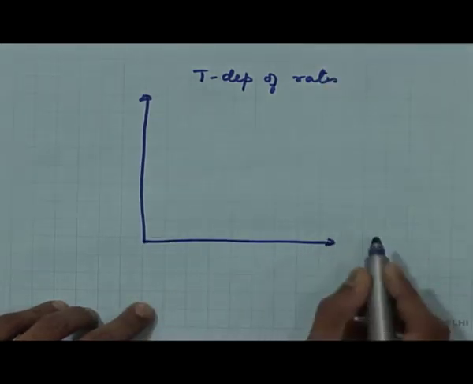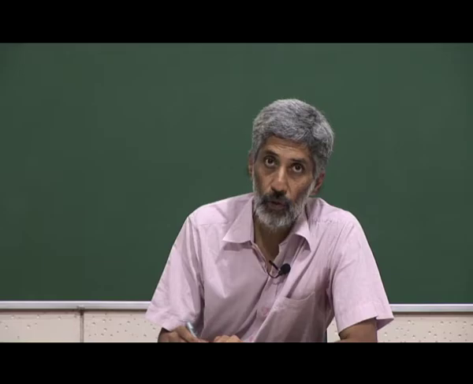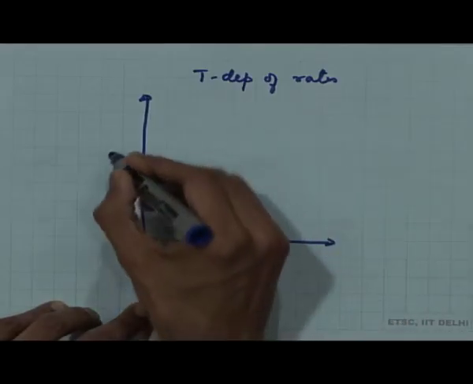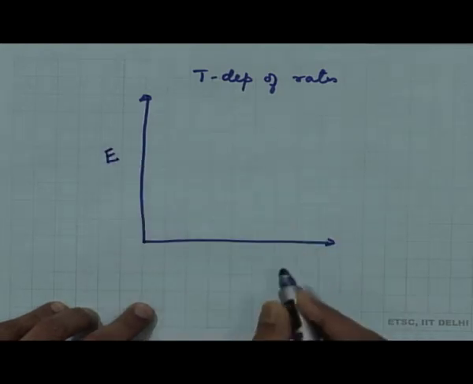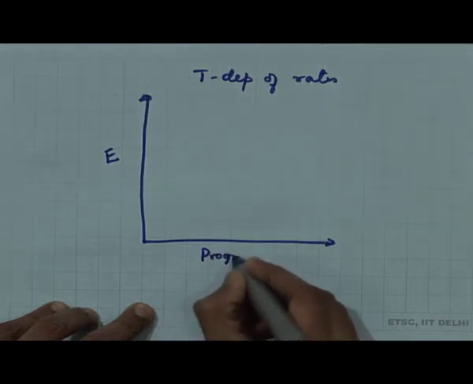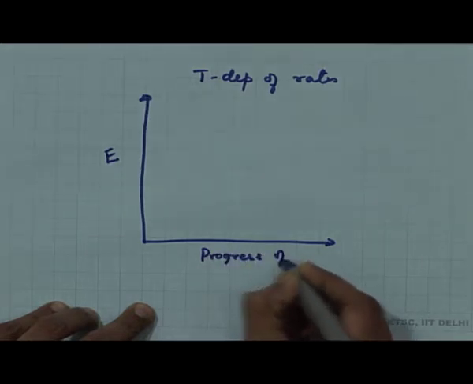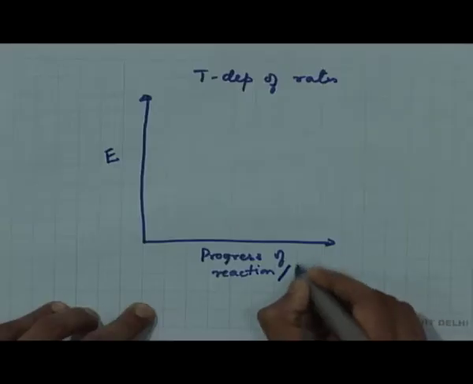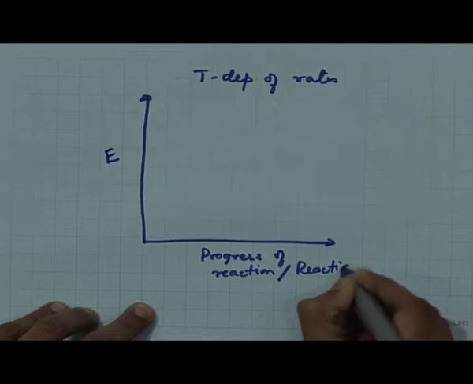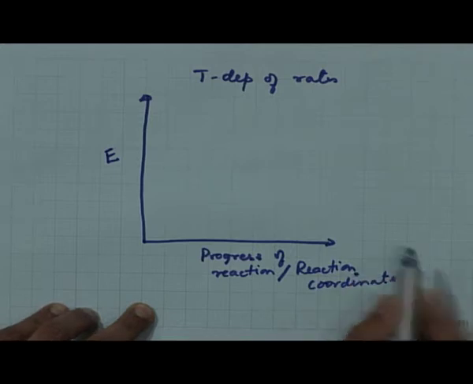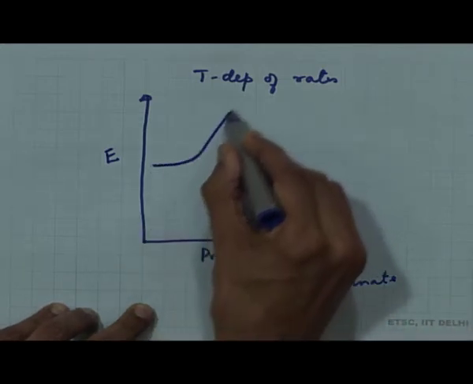You plotted this, whether it was in collision theory or temperature dependence of the rates, you plotted energy here and you plotted what is called the progress of the reaction, or the reaction coordinate here. For any reaction, you plotted something which looked like this.